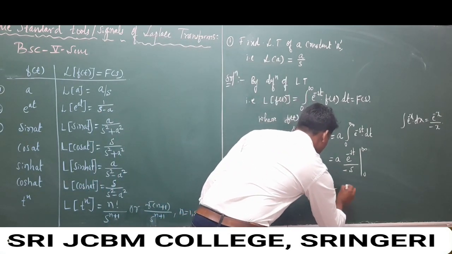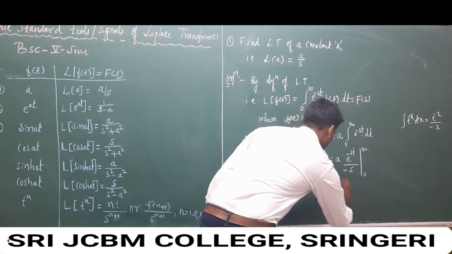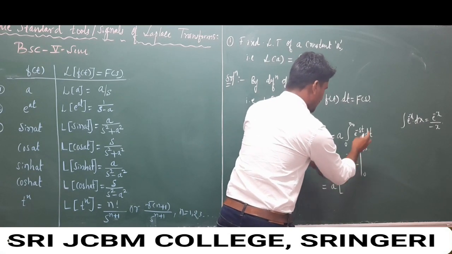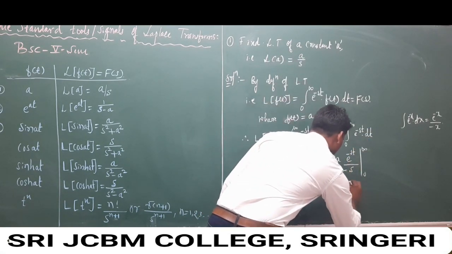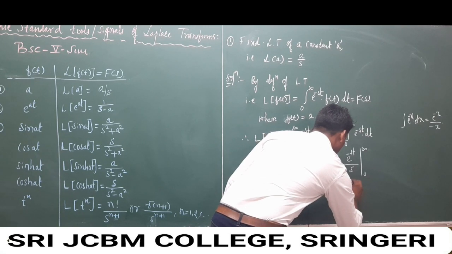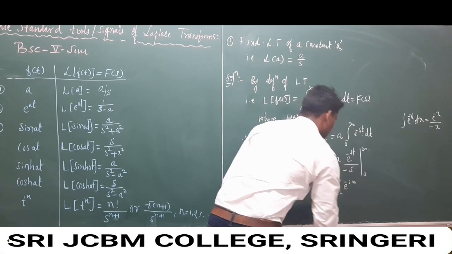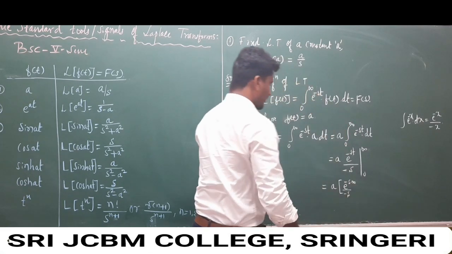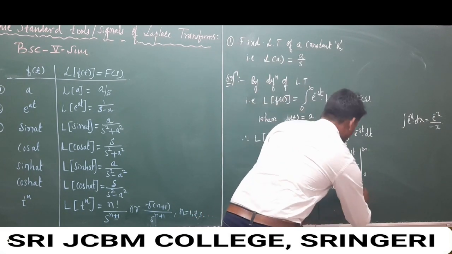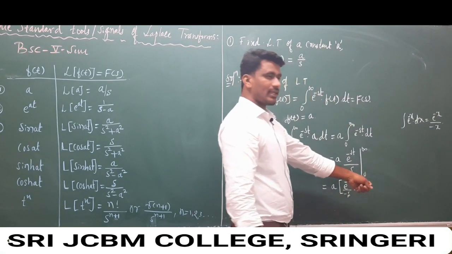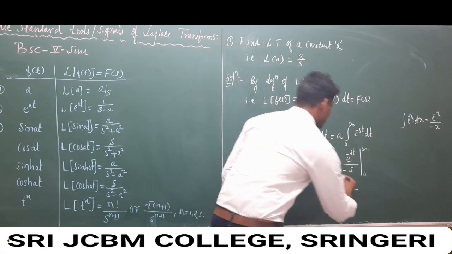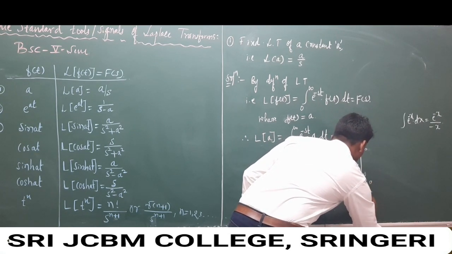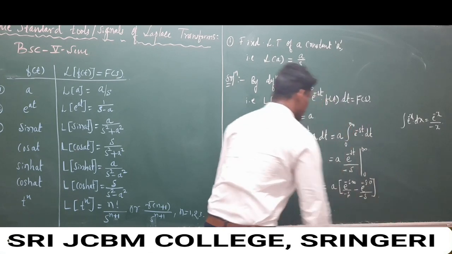So take a outside and apply the upper limit in place of t, e to the power minus s into infinity over minus s, and again minus, apply the lower limit value e to the power minus s into 0 over minus s.